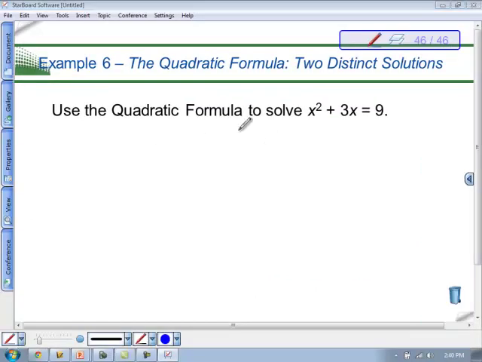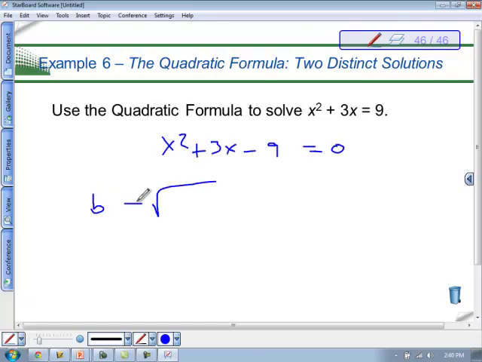So I'm going to put this in standard form and make it x squared plus 3x minus 9 equals 0. And the quadratic formula, write it down: negative b plus or minus the square root of b squared minus 4ac, all over 2a.